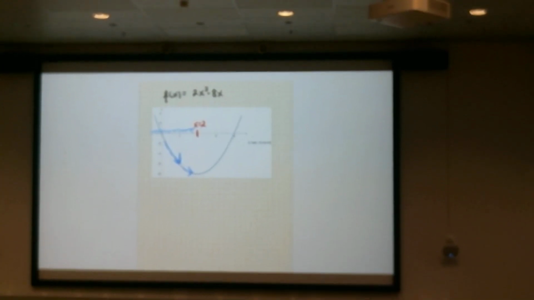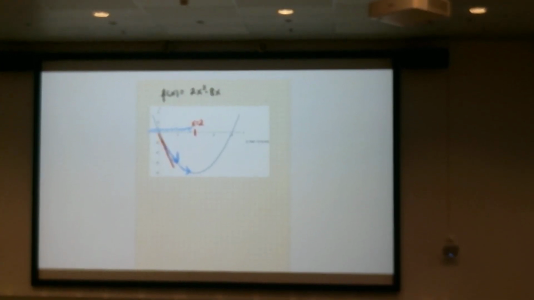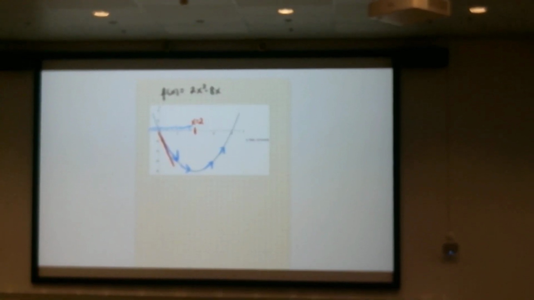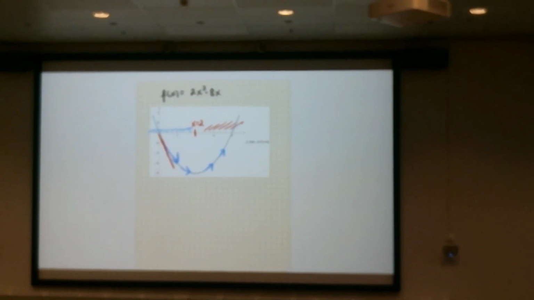If we were to draw tangent lines, the tangent lines have negative slopes. When we go to the other side of 2, for all these values, the function starts increasing. Like this.